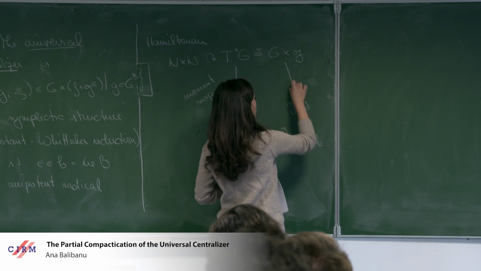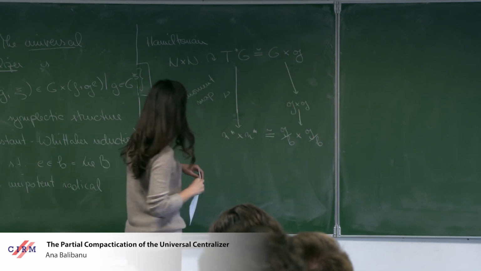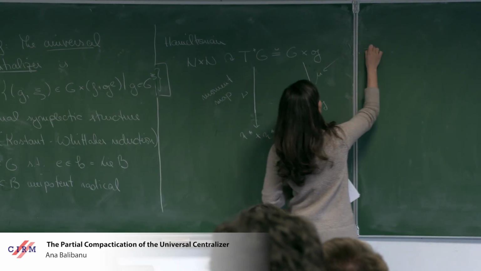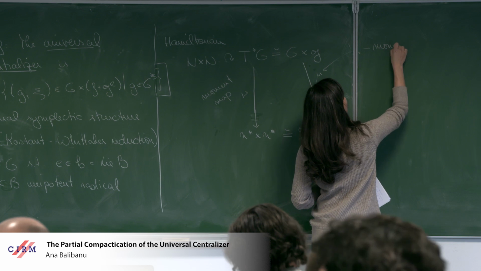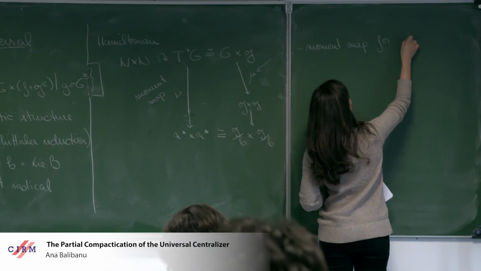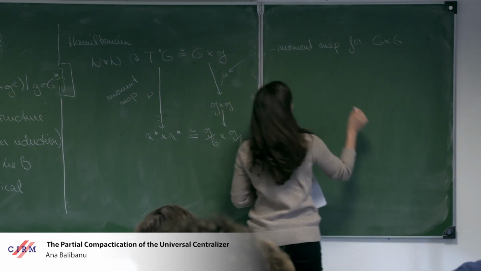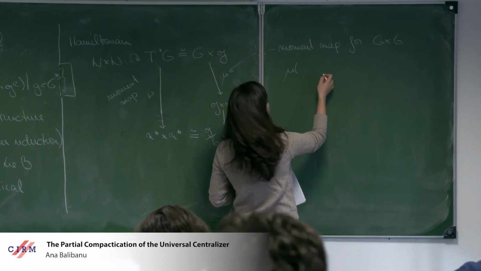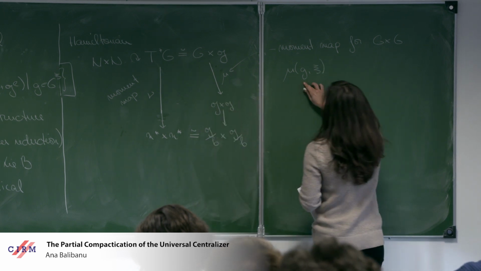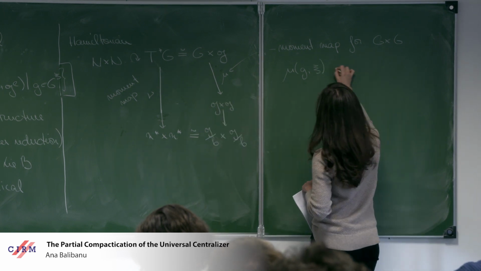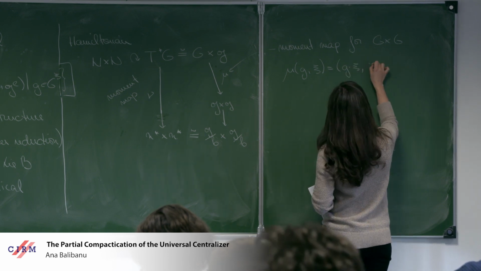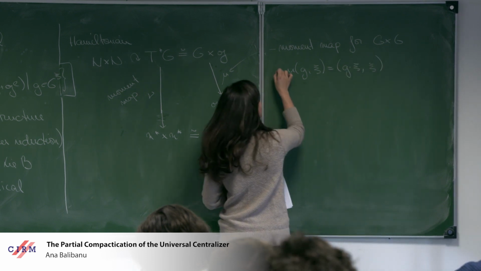And then the moment map nu factors through the moment map for the G cross G action. And this moment map is given explicitly in the following way. It takes a pair of an element g in the group and xi in the Lie algebra to g applied to xi, comma xi.